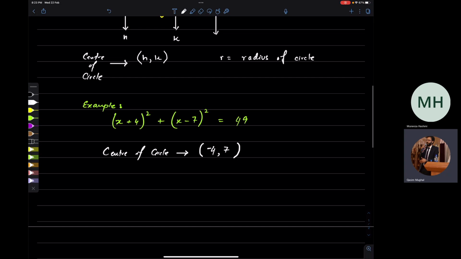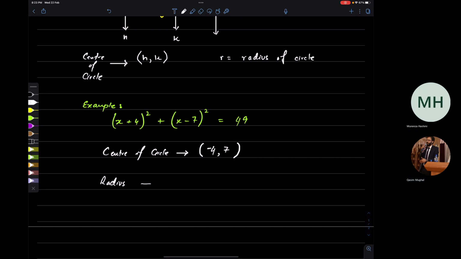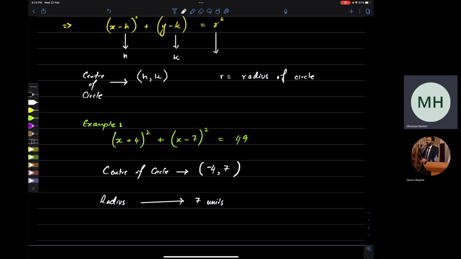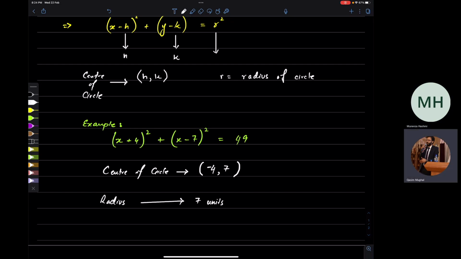Shabash. And if I ask you what is the radius of the circle? Root of 49, and that is going to be 7 units. Shabash. So this is how you can write down the equation of a circle, and this is what it means.